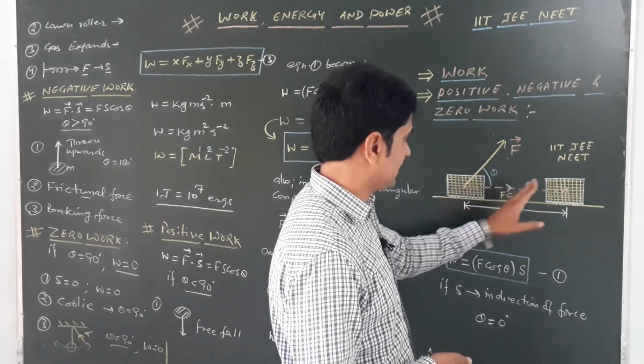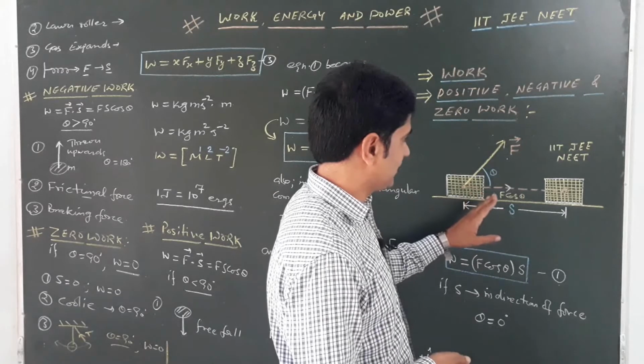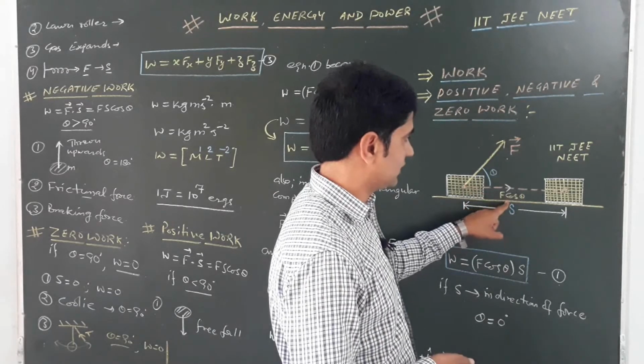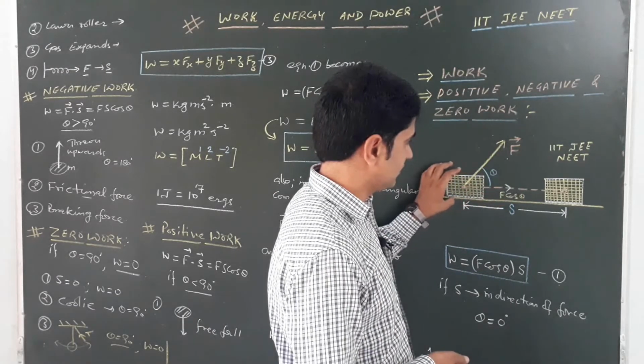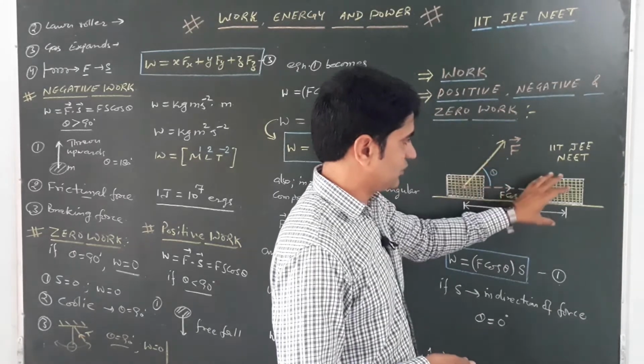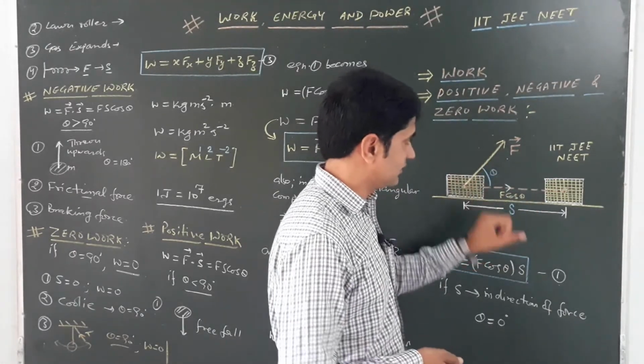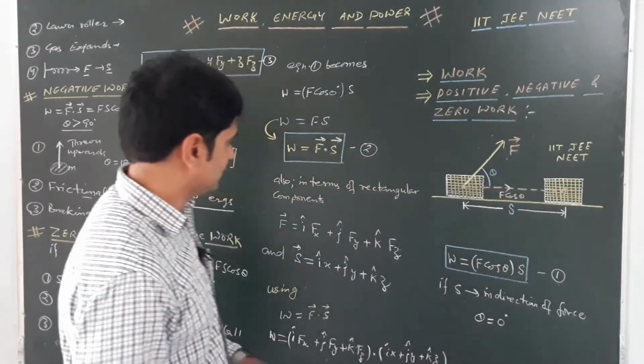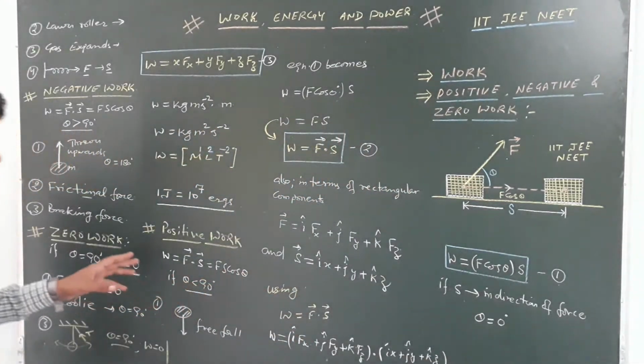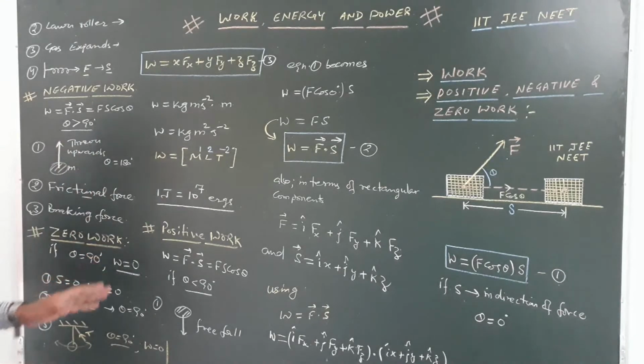In the horizontal direction, one component of the applied force is F cos theta, and the block is moving from the initial to the final position with displacement S. Now we are discussing under which conditions the work done is positive, negative and zero.